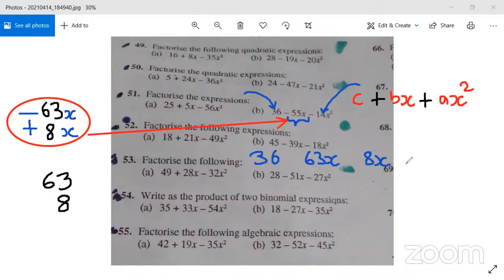And then this will be 14x squared. All right, so let's start focusing on the signs now. We'll have a minus 63x, a positive 8x with a minus 14x squared.